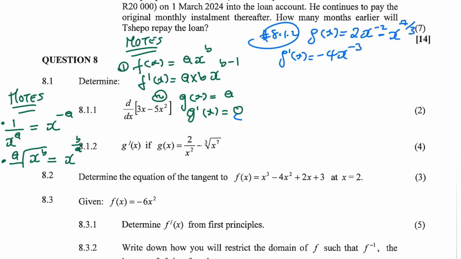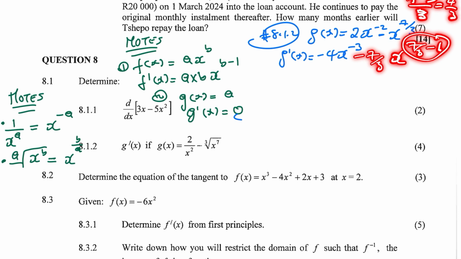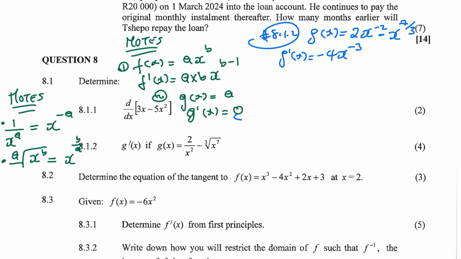And again, for this, it's going to be negative 7 over 3, times by 1, and x power 7 over 3 minus 1. Okay, and 7 over 3 minus 1 is basically 7 minus 3 over 3, which is 4 over 3. So your answer is negative 7 over 3 x power 4 over 3.